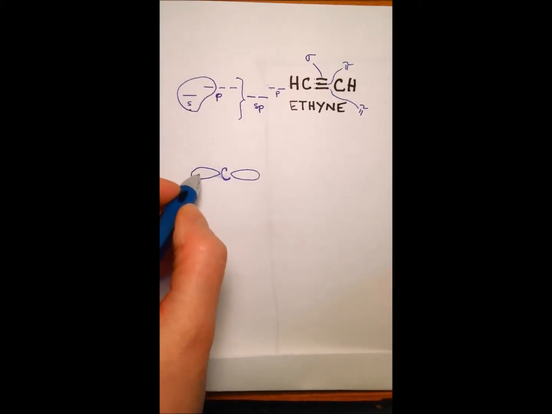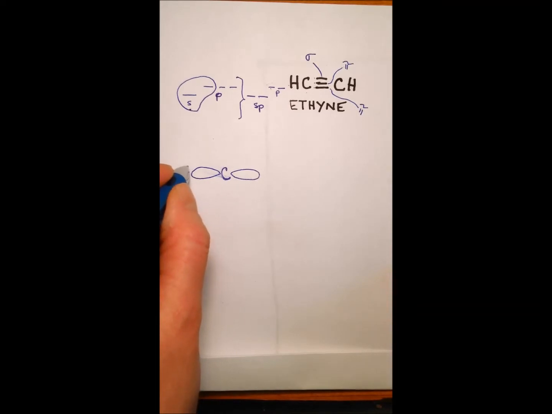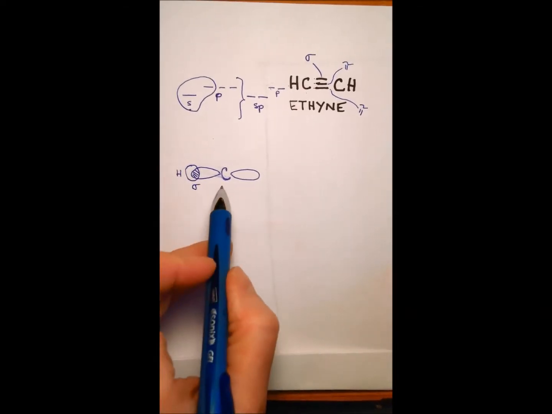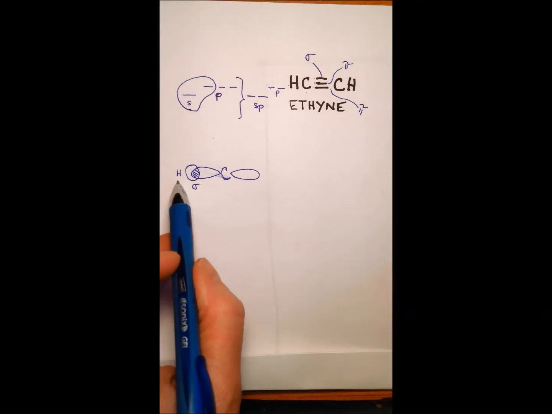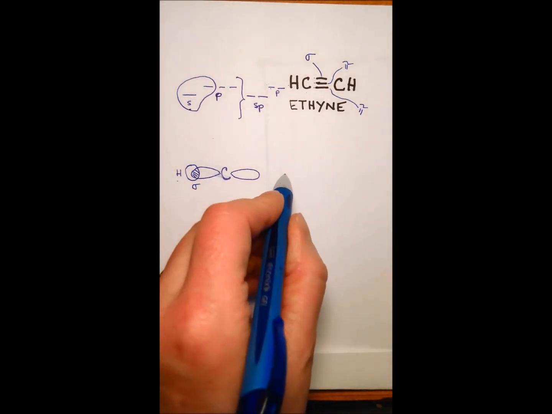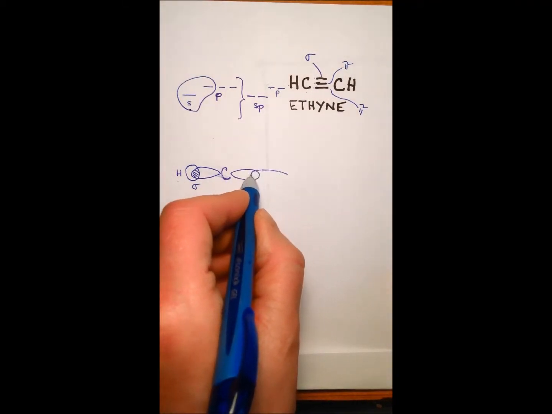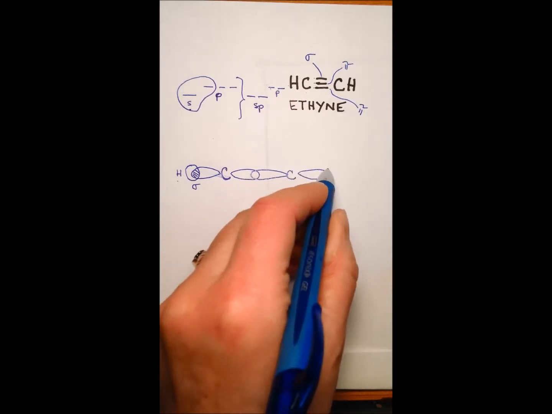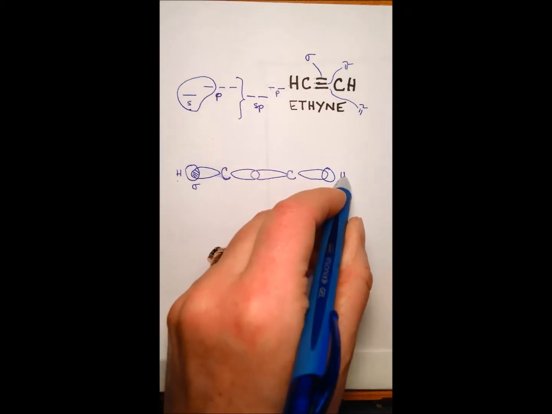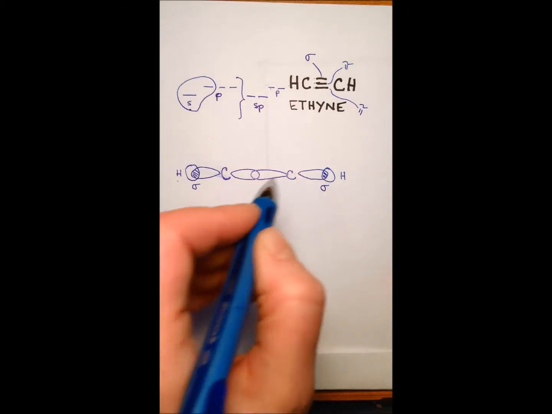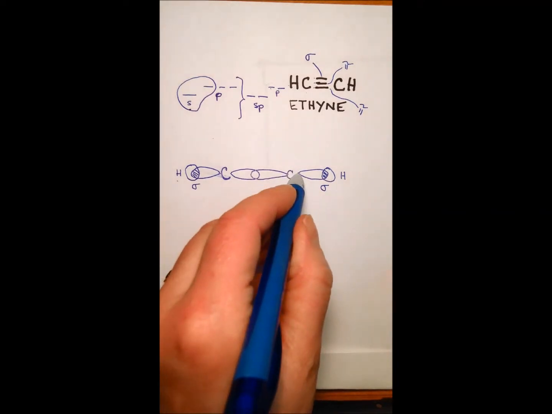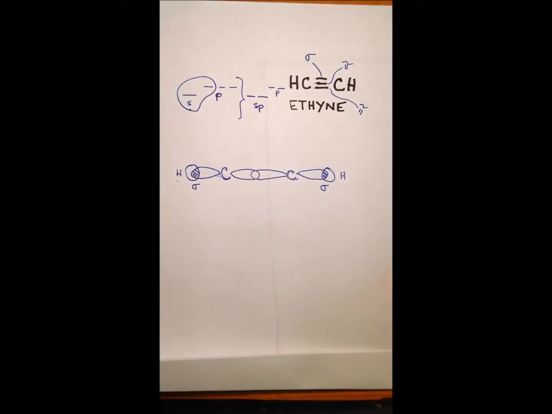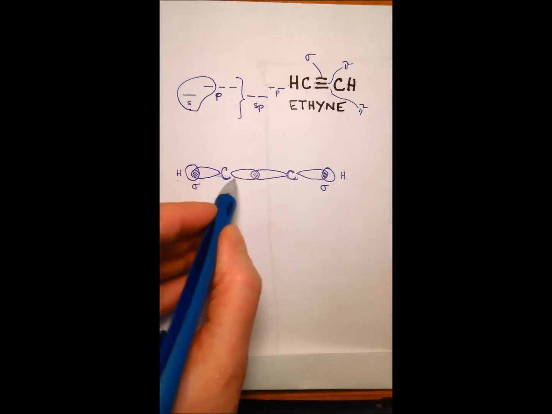And the hydrogen is a 1s orbital, so there's my H. And there is my overlap for the sigma that is the carbon-hydrogen bond. And then I have the same thing with this carbon and a hydrogen on this side. And there's my sigma. It's not a very good drawing, but there's my overlap between my two carbons.